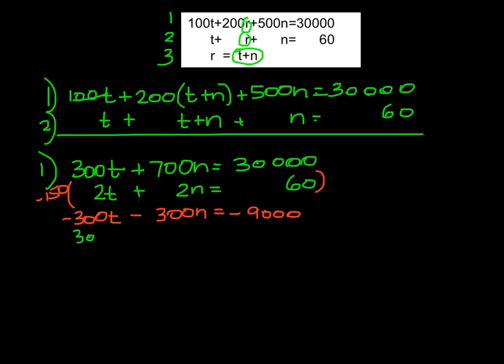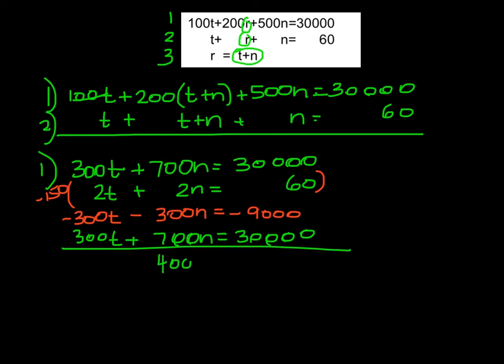So I have positive 300t, positive 700n, positive 30,000. I'll end up with 400n equals 21,000. I will get n equals 52.5.